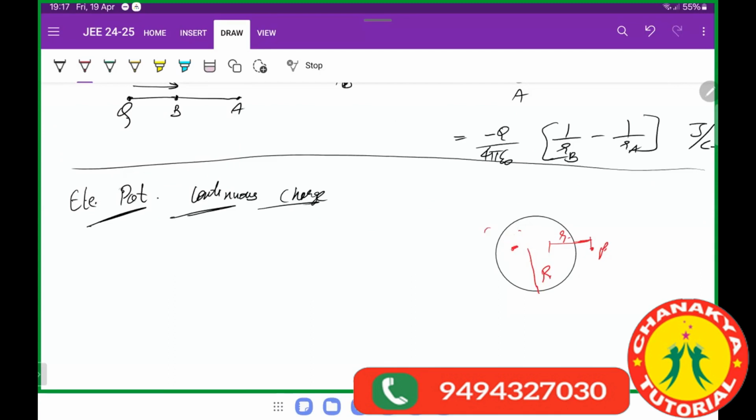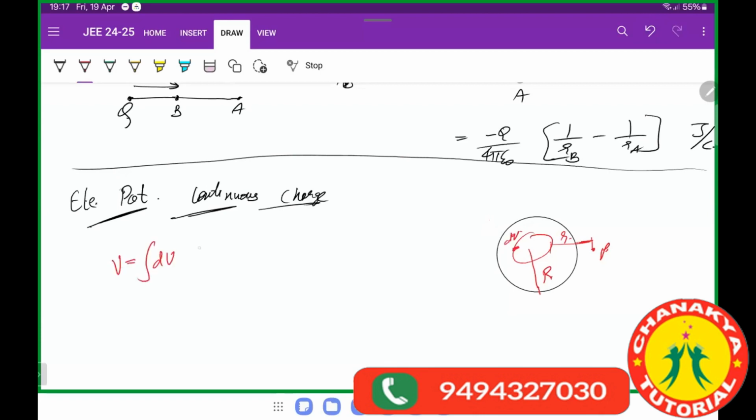So the potential over this is nothing but the same thing: dq by 4 pi epsilon naught r.